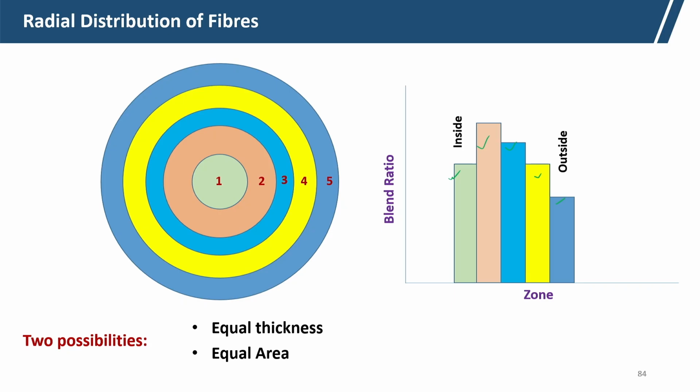That is the study we can get, but our ideal blend distribution should be equal, so all the sections should have equal blend ratio. Okay.